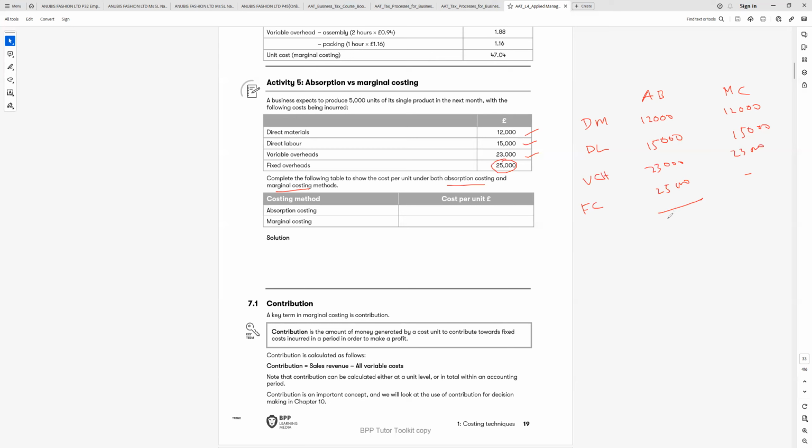So it will give me 75,000 under the absorption, and for the marginal we will have 50,000.